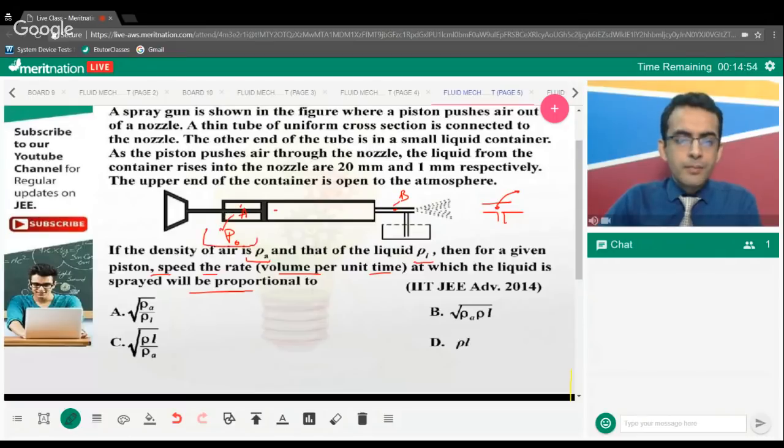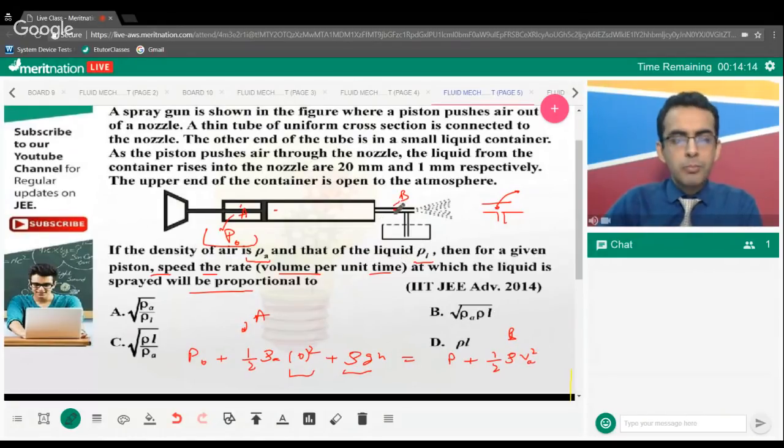At A, air is at rest, so P naught plus half rho air into 0 square, and rho GH is the potential part of that. For point B, it's P, as we don't know the pressure here, plus half rho V square. We are clear about that. VA is the speed of air.